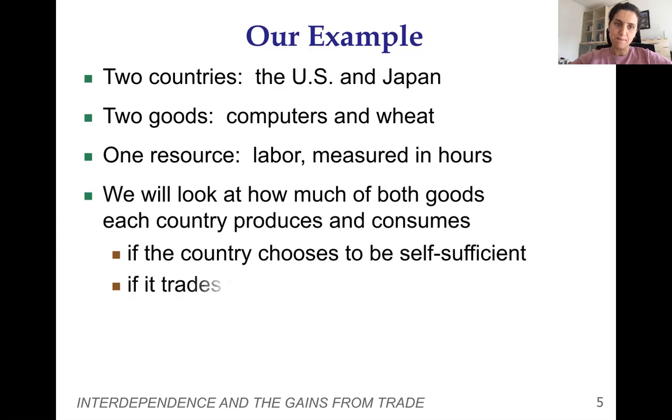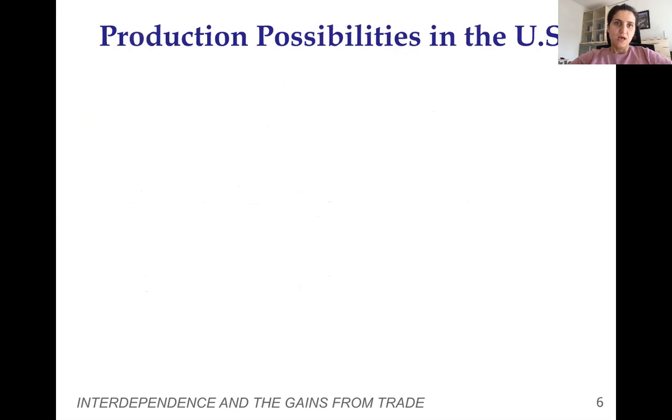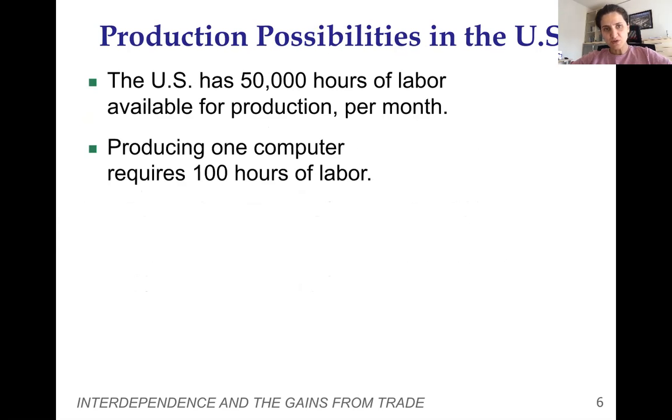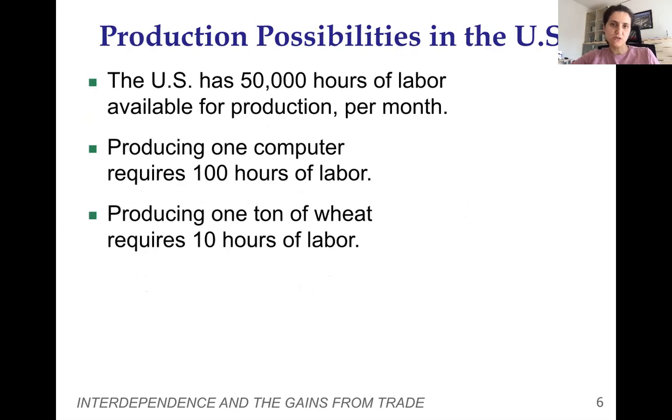Okay, and if it trades with the other country. Okay. So production possibilities in the US, and suppose US has 50,000 hours of labor available for production per month. Okay, so these are given numbers. And producing one computer requires 100 hours of labor, and producing 1 ton of wheat requires 10 hours of labor.